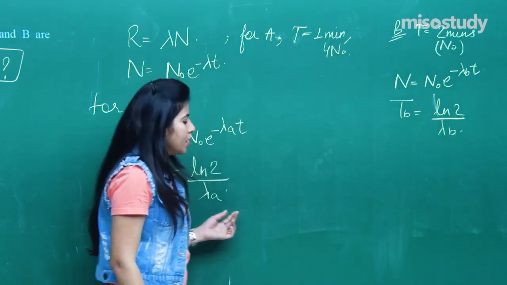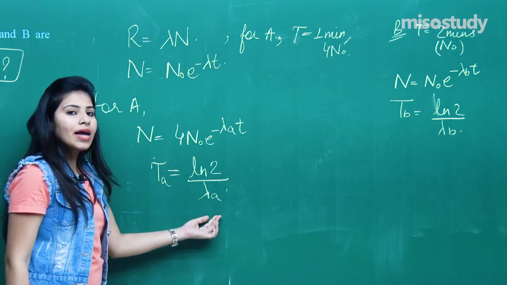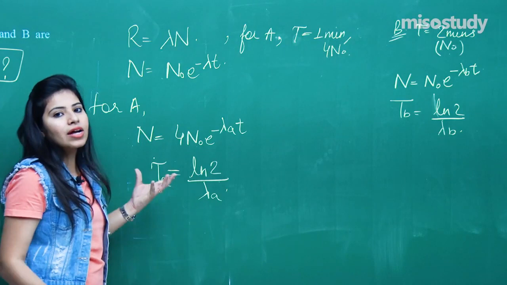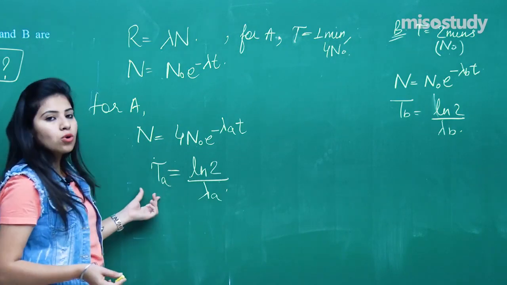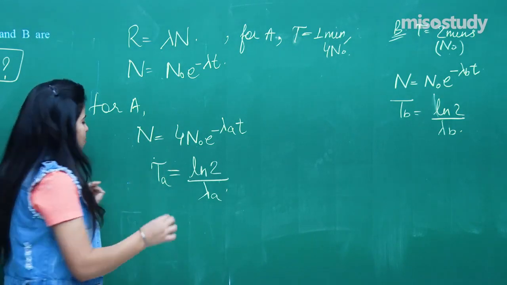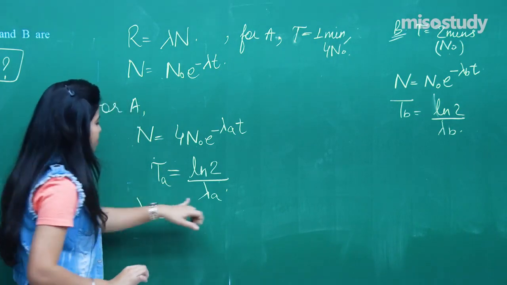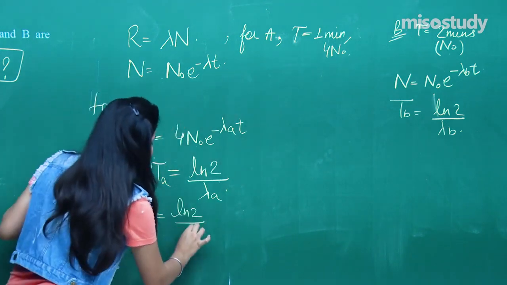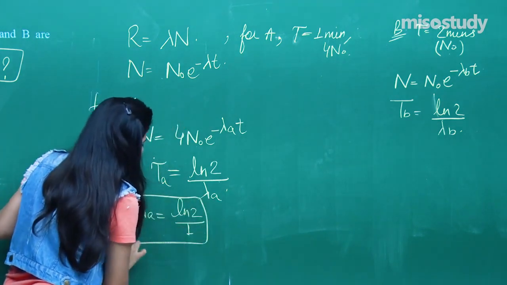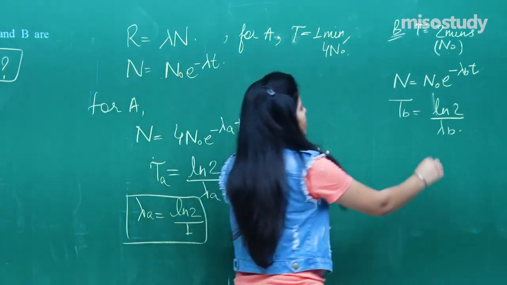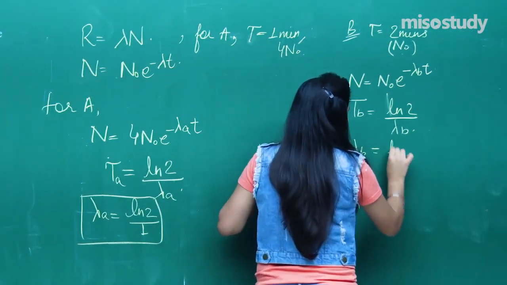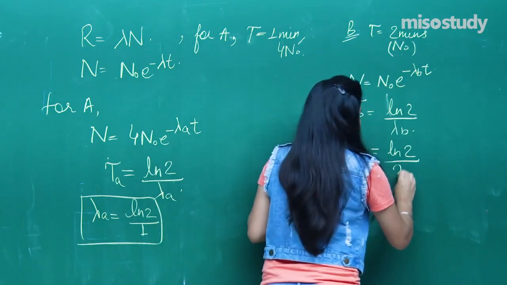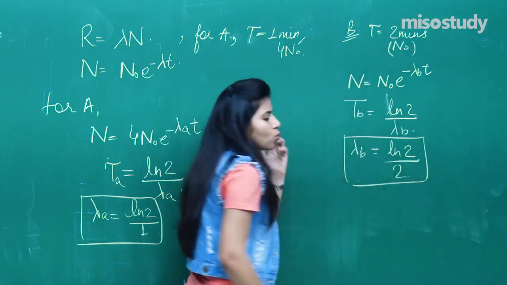Now what do you know from here? You know that lambda A is given or not? Suppose it has not been given. Yes, definitely it has not been given, but we know TA. That means we know that lambda A is log 2 by TA, and TA has been given as 1 minute. From here you can say your lambda B will be log 2 by TB. TB is given as 2 minutes. So you have your lambda B as log 2 by 2.